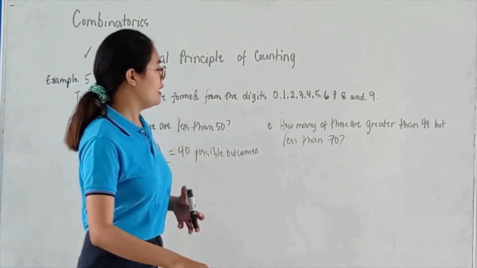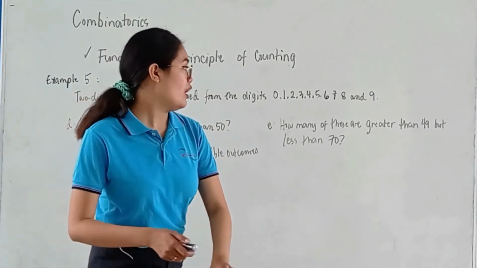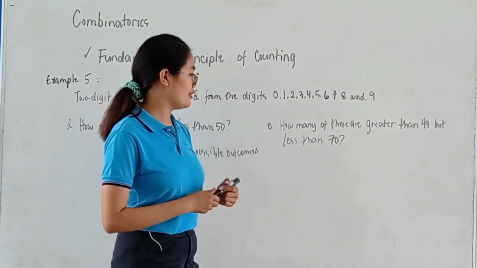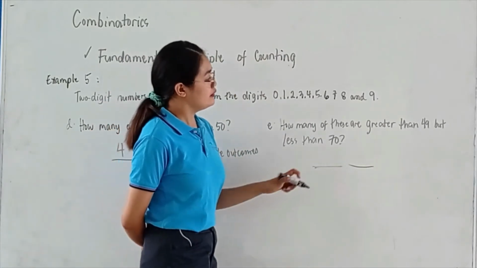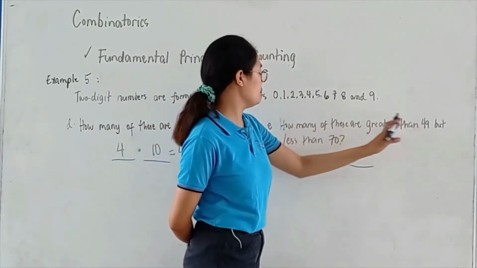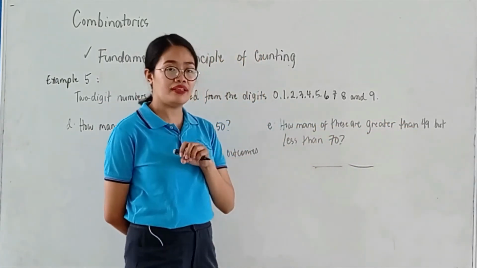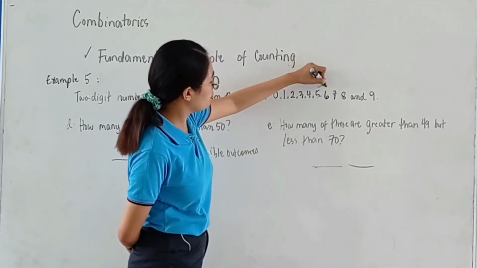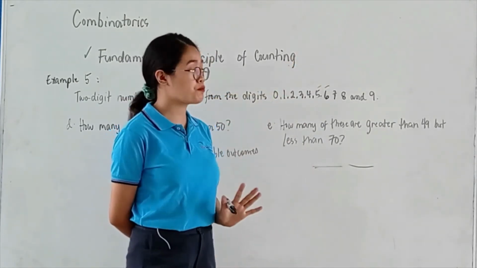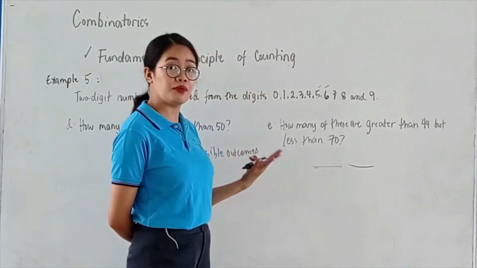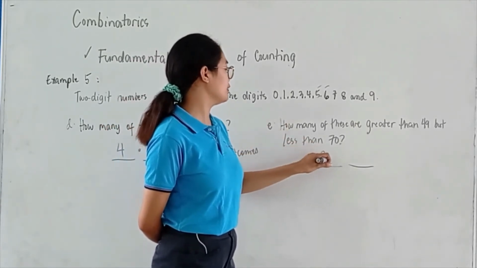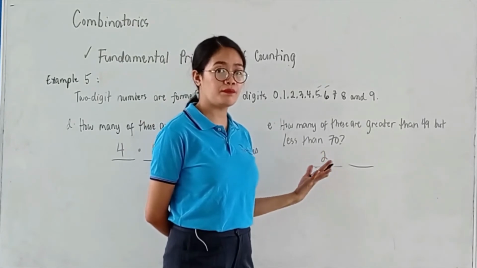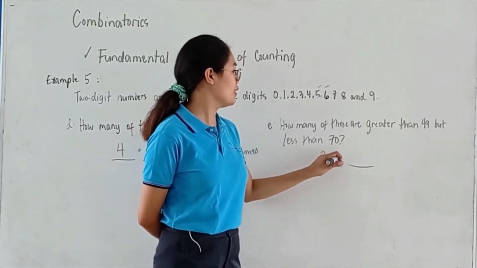Next, how many of these are greater than 49 but less than 70? Since it's greater than 49 but less than 70, we only have 2 possible options for our first position. We can either start with 5 or with 6, giving us 2 possible outcomes for the first step.